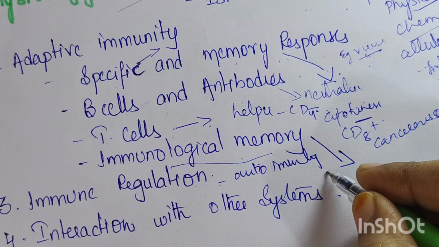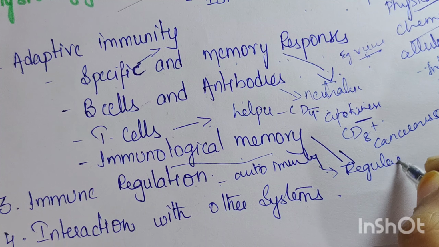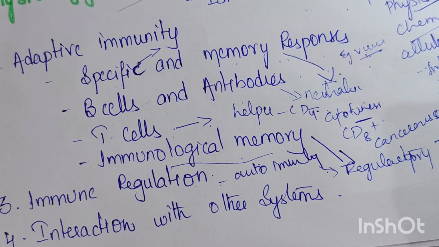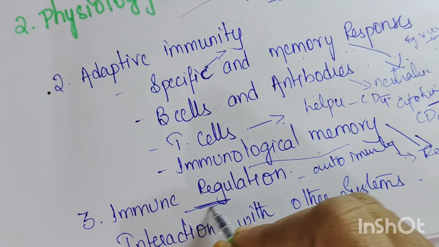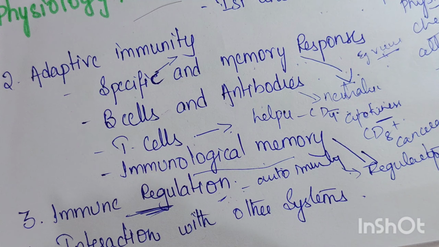And regulatory T cells play a crucial role in maintaining this balance by suppressing the excessive immune response. Which cells? Regulatory T cells. Okay, so that comes under the immune regulation. It will avoid autoimmunity.